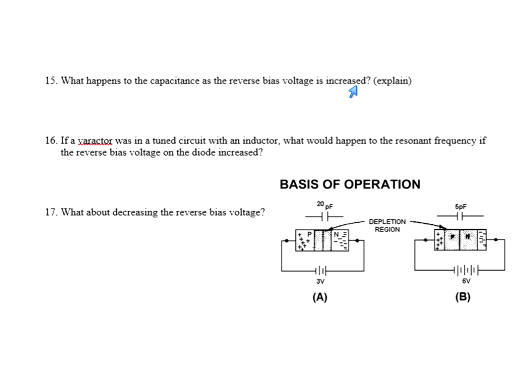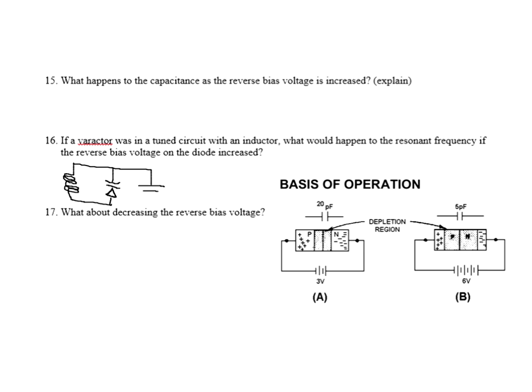If the varactor was in a tuned circuit with an inductor, say we have a tuned circuit, an inductor, and it's in there with a varactor diode. Here's the diode, this is a capacitor on the cathode, and it's a very simplistic drawing.